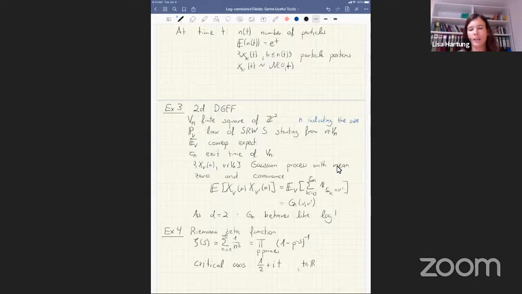The Riemann hypothesis is related to the zeros of this object. What we will be looking at in this mini course will be more going towards the extremes.